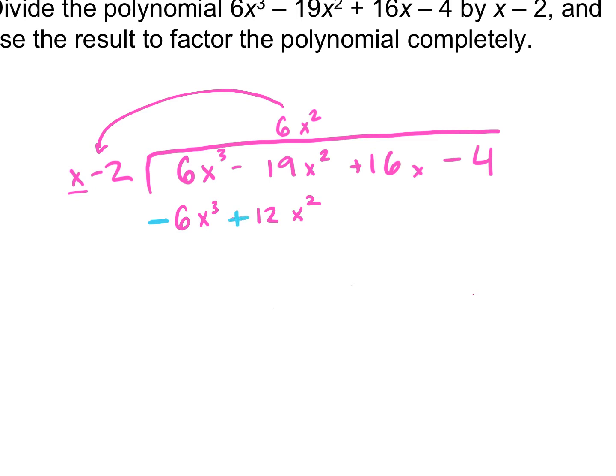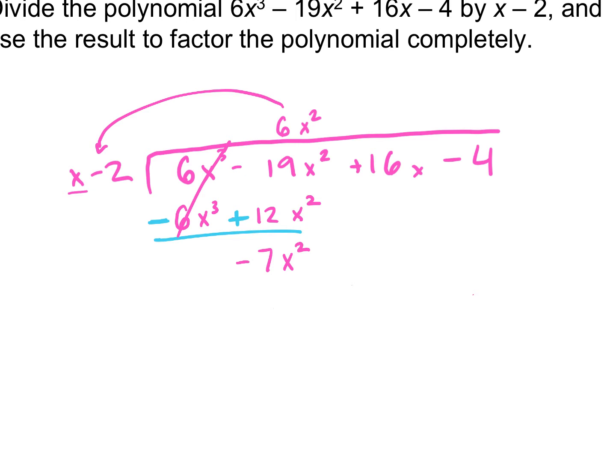Change a sign, and add them together. So 6x cubed minus 6x cubed cancels. That'll always cancel out. That's your goal, is to cancel, and then go to the next term. Negative 19x squared plus 12x squared would be negative 7x squared.